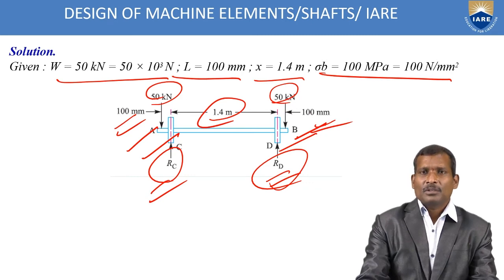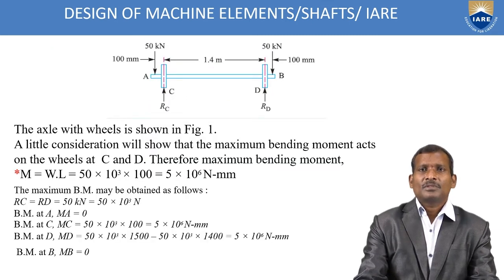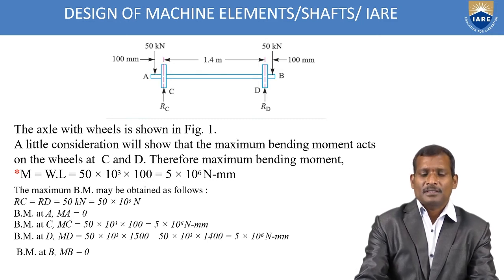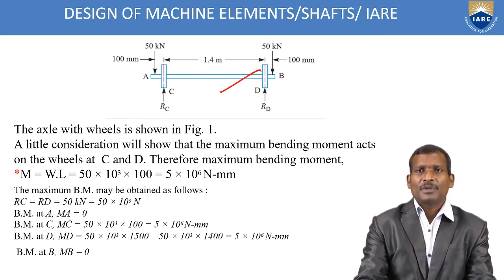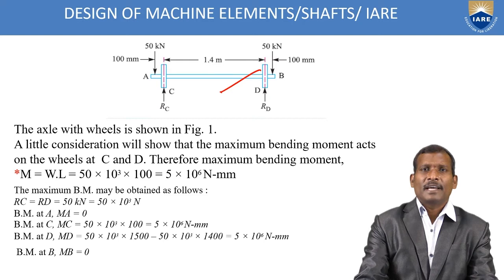So now solve the problem. The axle with wheels is shown in the figure. In this, you should calculate the diameter of the axle. The axle is nothing but one type of shaft. Clear?